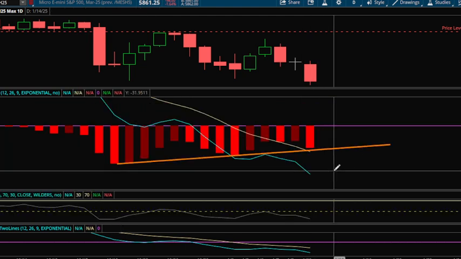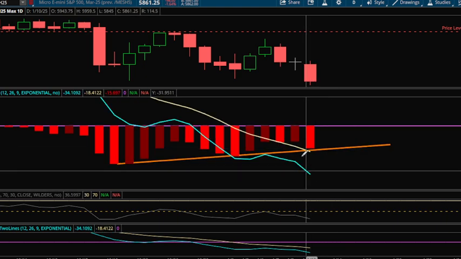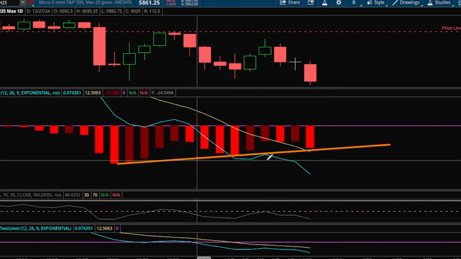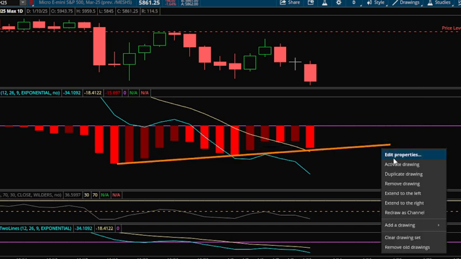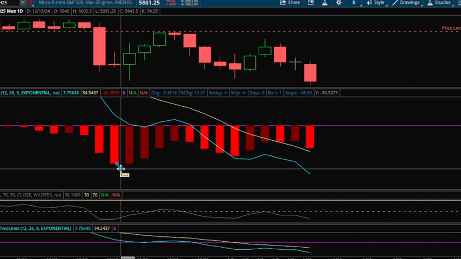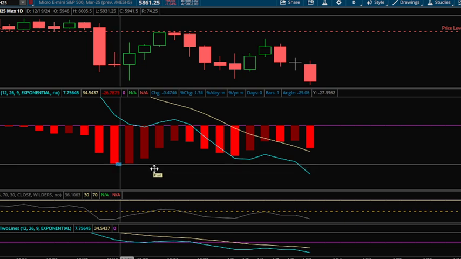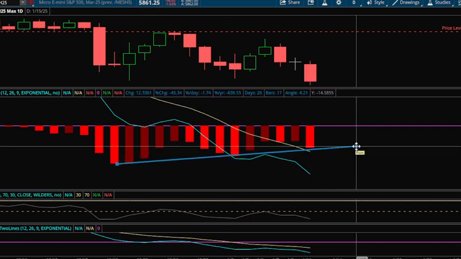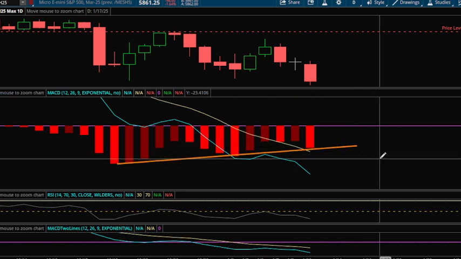Now the MACD, this one's different. We got a divergence going on. I drew this little line here. Let me activate it again so you can see it. Here's my starting point, the lowest momentum bar. You want to try to catch the underbelly of each of the lowest swings.